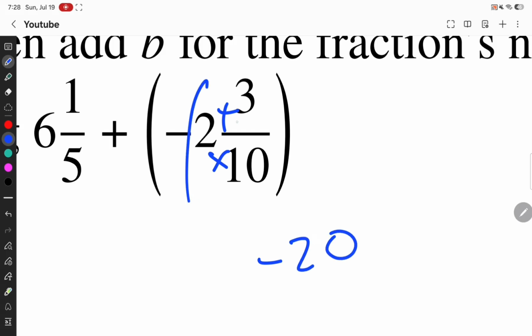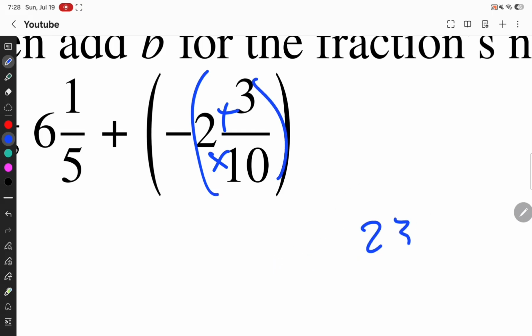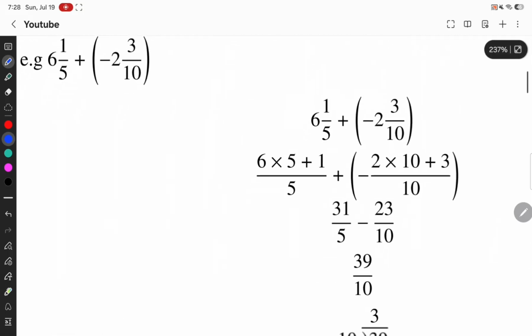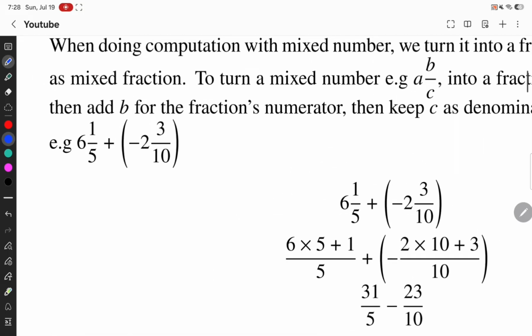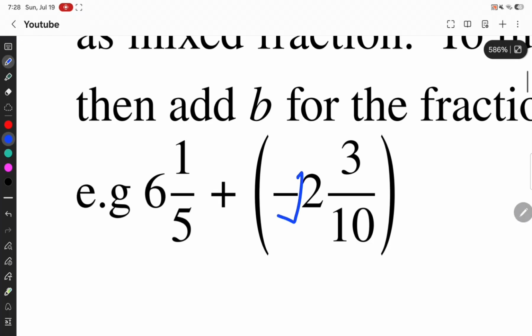Now you can think of this negative as its own thing. 20 plus 3 is equal to 23. This is a very bad explanation, but remember, negative is just the sign of this mixed number. This magnitude bit of a negative mixed number is what you will use.